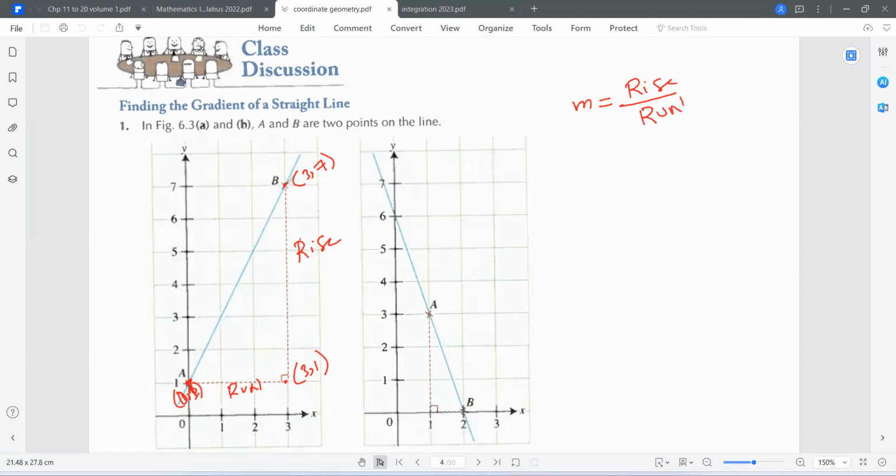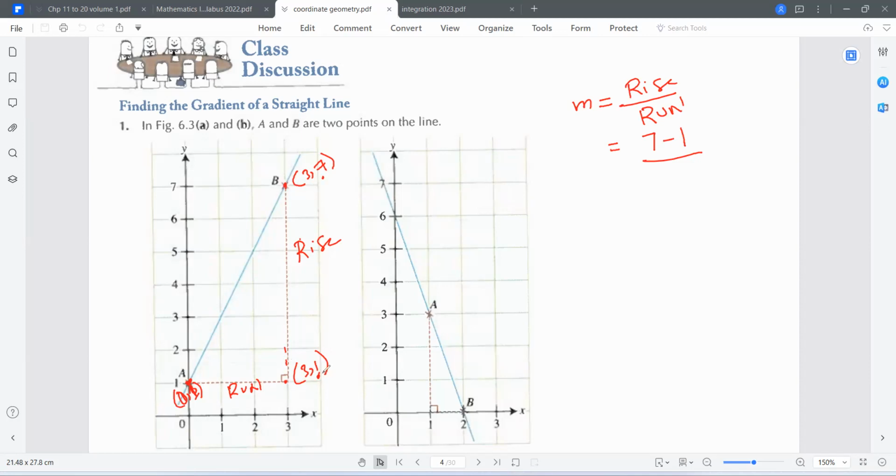Look, this is a vertical line, so I can find the rise very easily. Rise means the y-axis simply. He starts at 1, now he has moved to 7. That means rise can be found as 7 minus 1. Okay, people, can you understand this thing? 7 minus 1. No, sir.